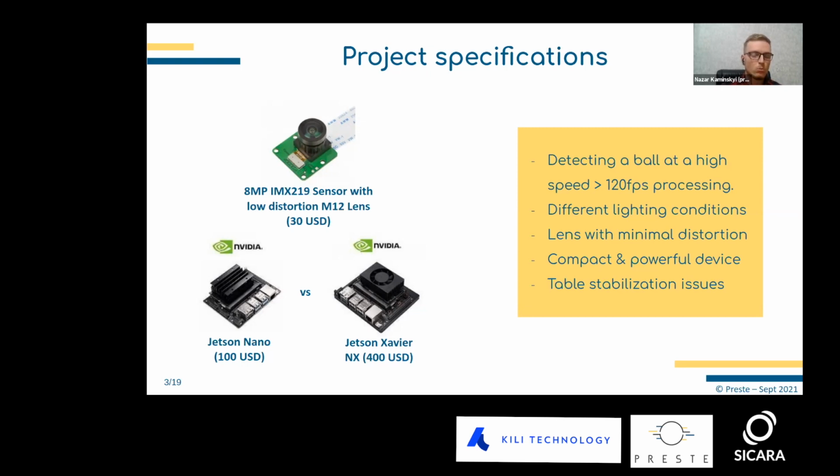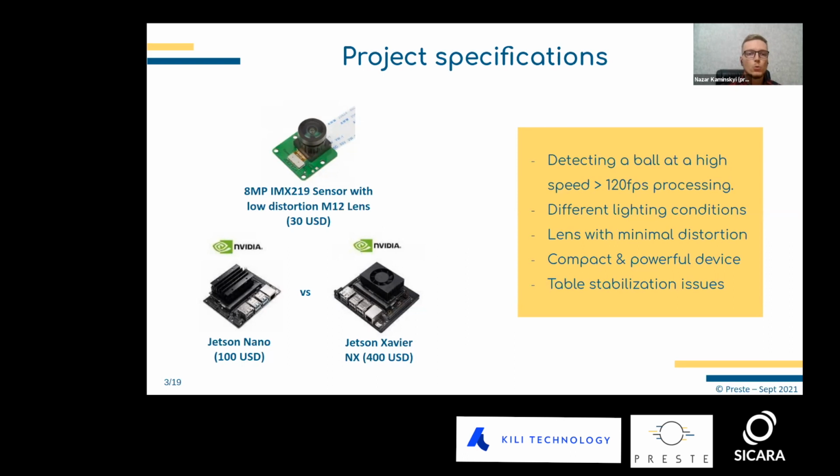As you know, for computer vision tasks, it's extremely important to deal with different lighting conditions. And also for this project, we chose a lens with minimal distortion because the geometry of the field plays an important role too.